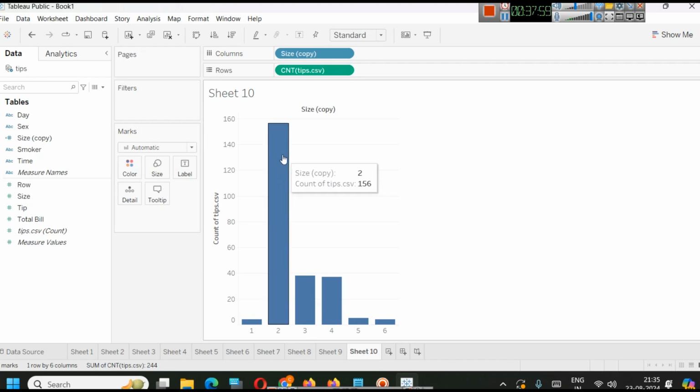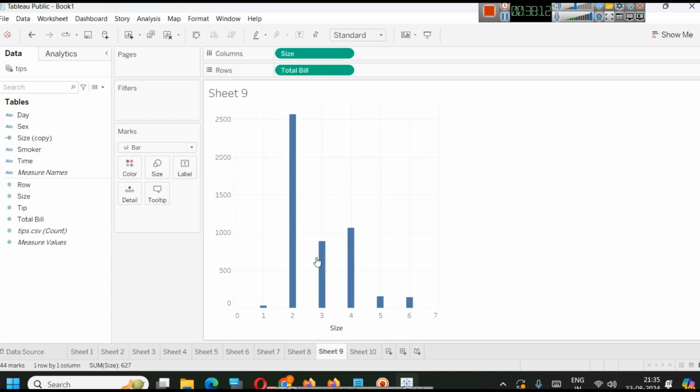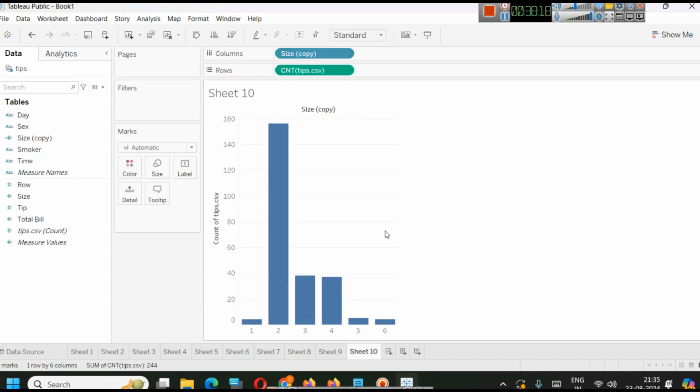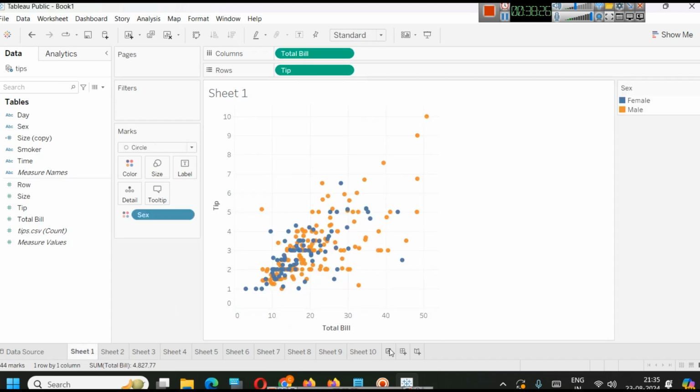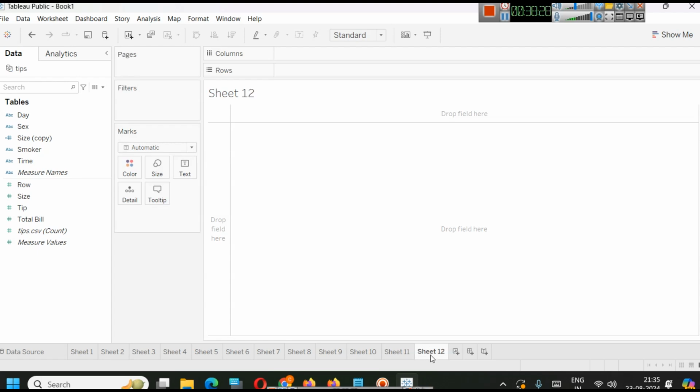So count of total number of people is 156 who came as a couple, out of 244, which is a significant factor for deciding that we should have more couple chairs, right? So now do you get this point? So this way we do the exploratory analysis, and now you can create your dashboard, right?